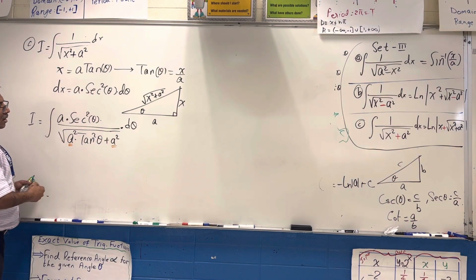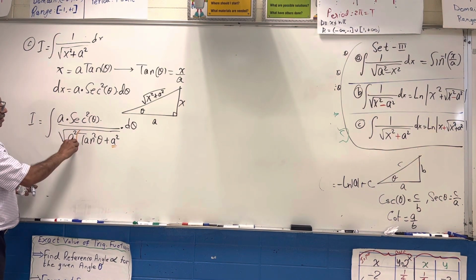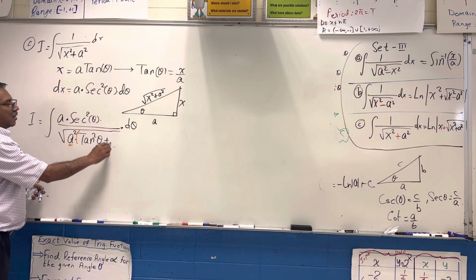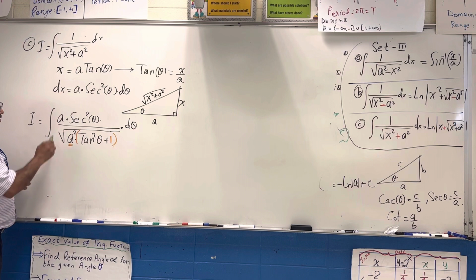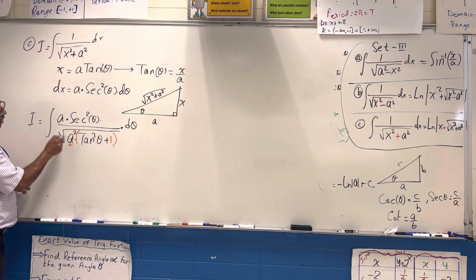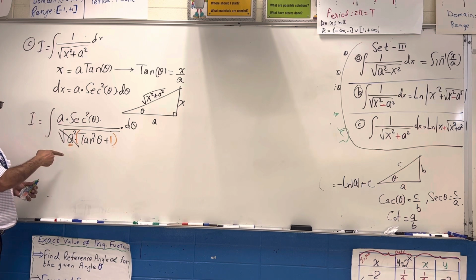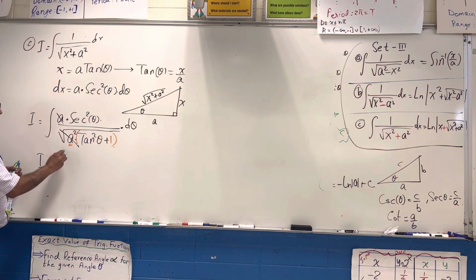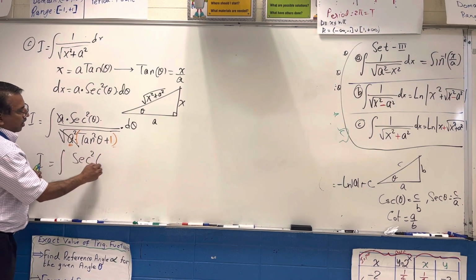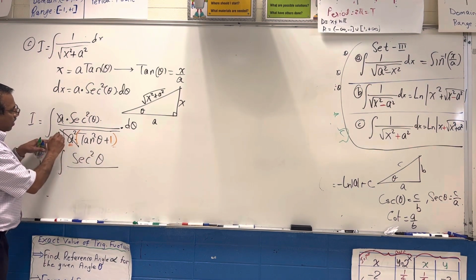There's a squared here, we can pull it out and put a parenthesis, so this is gone and there's a 1, and its radical will be just a. So I can cross this out, because the square root of a squared is a, and that crosses out here, and we have the integral of secant squared theta, under the root sign, right?